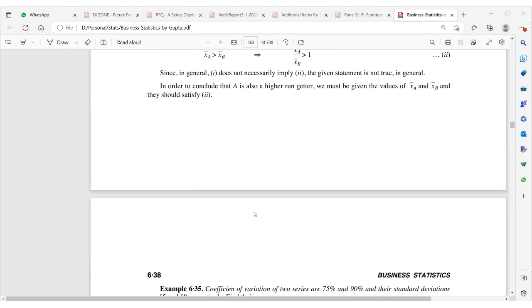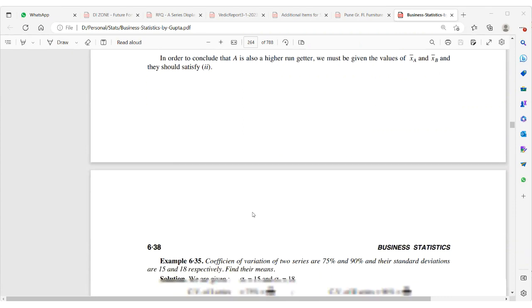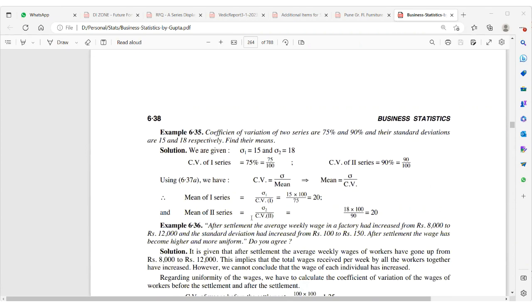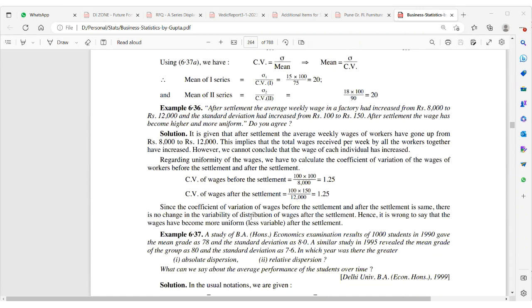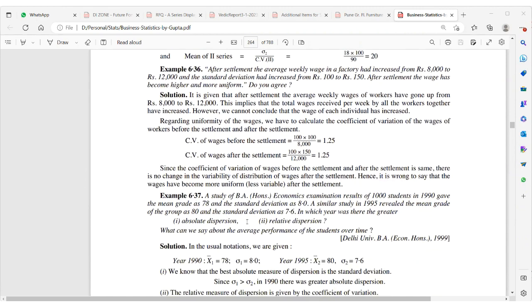Whose variation is more is the less stable batsman. If variation is less, that means a more stable batsman.